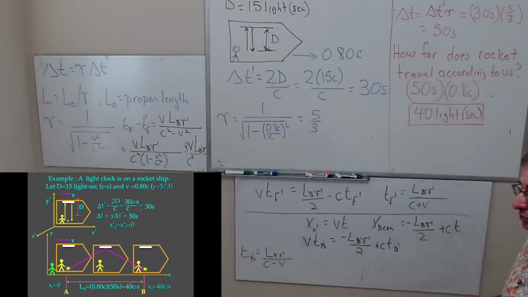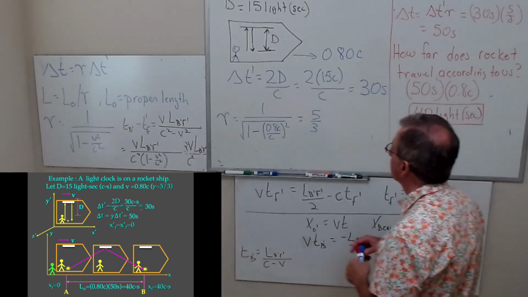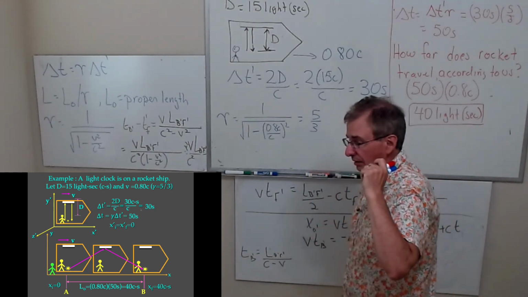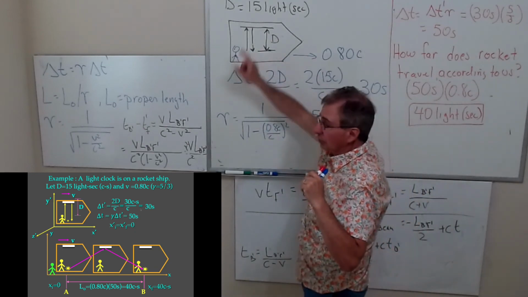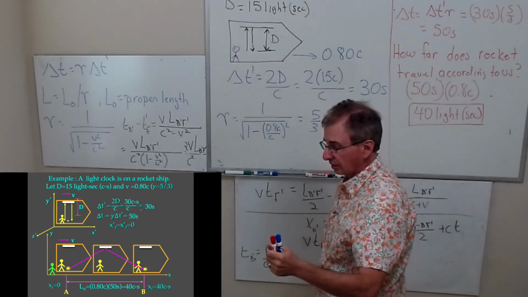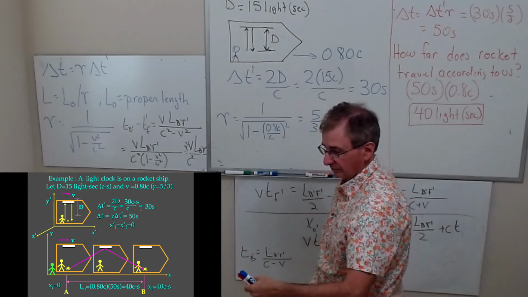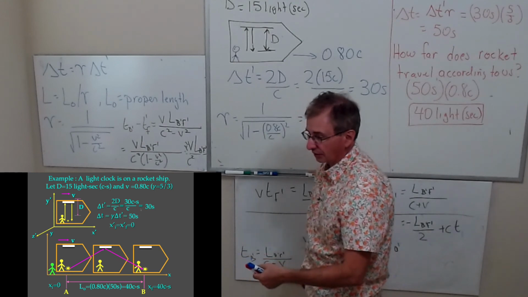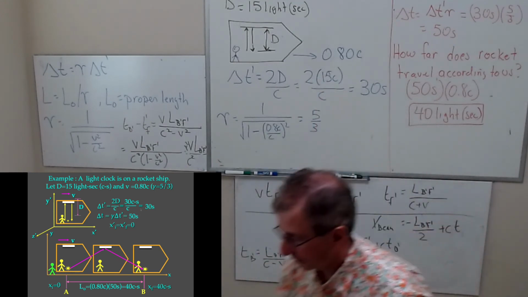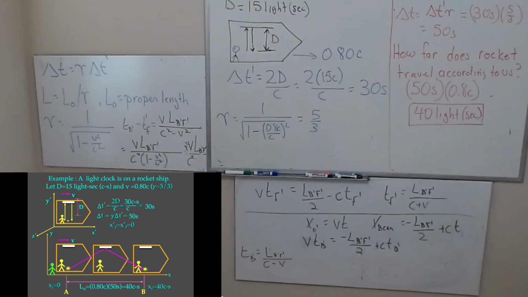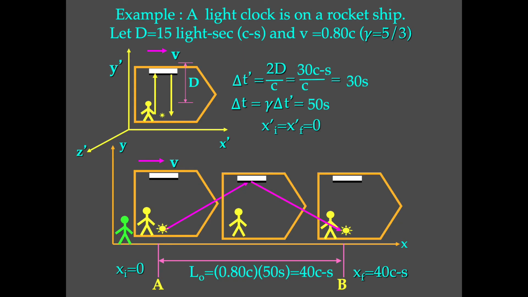Let's assume that when this person shined a light towards the mirror, my coordinate and that person's coordinate are the same. Okay? So we're the observer on the ground. We're the green person in the figure. Let's assume when the light beam was sent, both coordinates of the observer, which is us, and the person in the rocket were exactly the same.